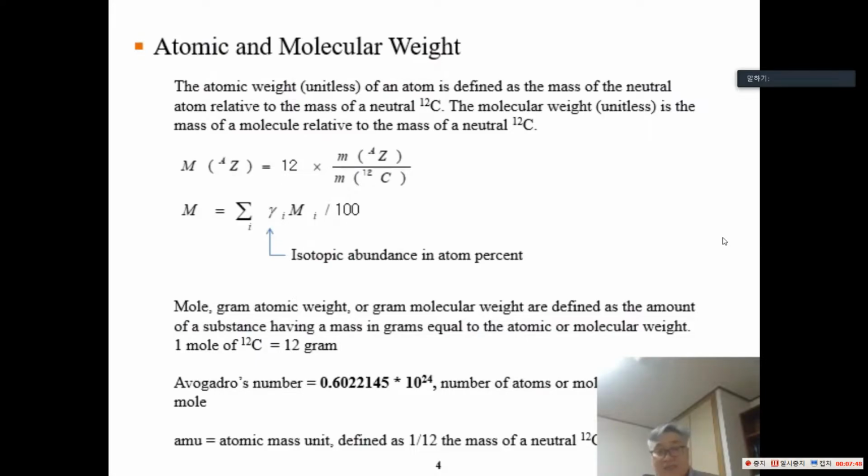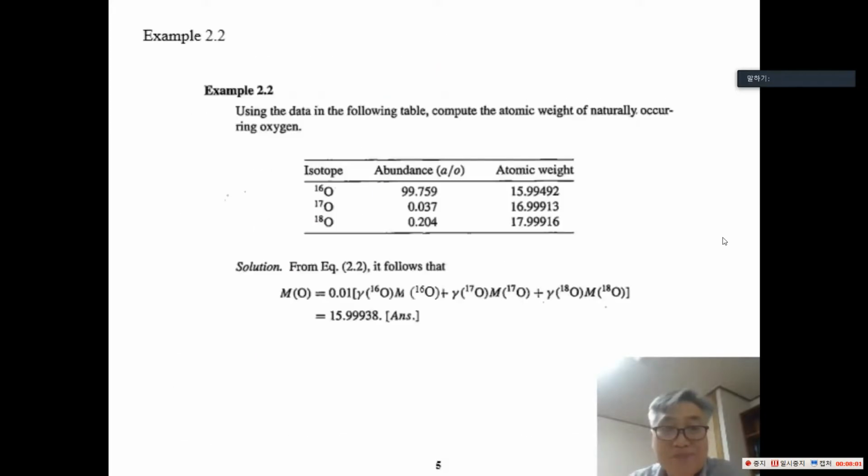So this example is for the isotope abundance. This is oxygen isotopes. So we have oxygen 16 and oxygen 17 and oxygen 18.